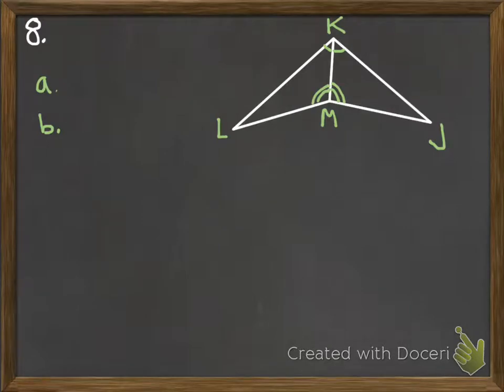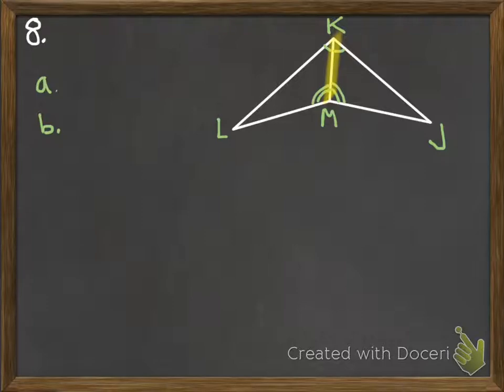Okay, for number 8, what we're trying to do is prove that LMK is congruent to JMK. So these two triangles are congruent to each other. We have some given information that's in the drawing. The A says KM is congruent. So right here, KM is congruent to KM.